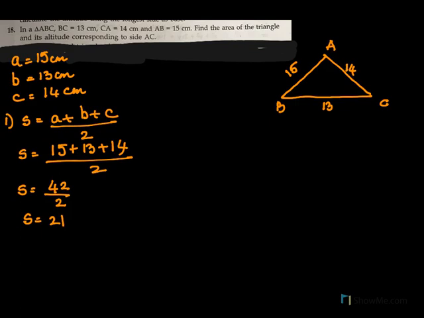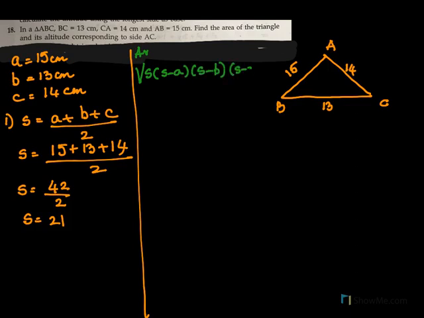Now, step 1 is done with the semi-perimeter. Let's get to step 2, and we know the area is the square root of S times (S minus A) times (S minus B) times (S minus C). And S is 21.